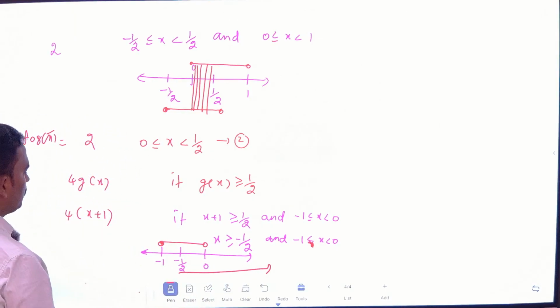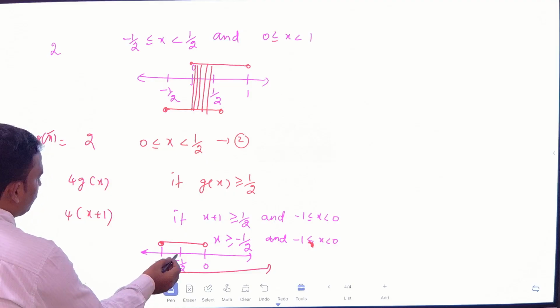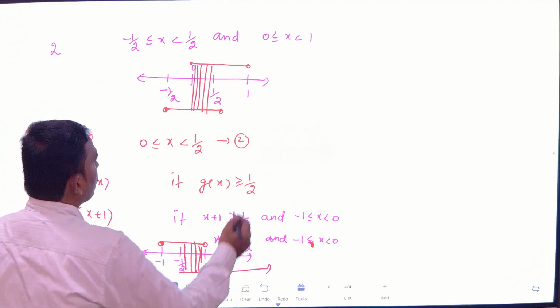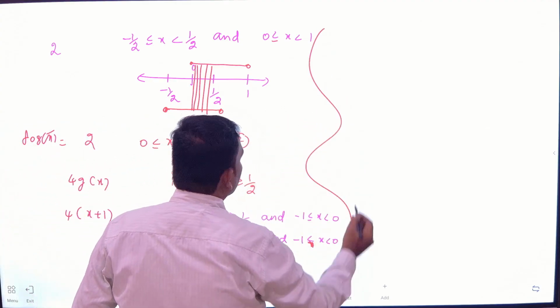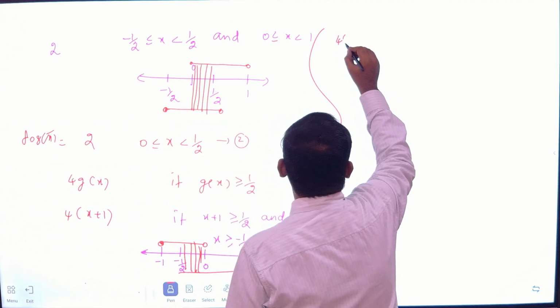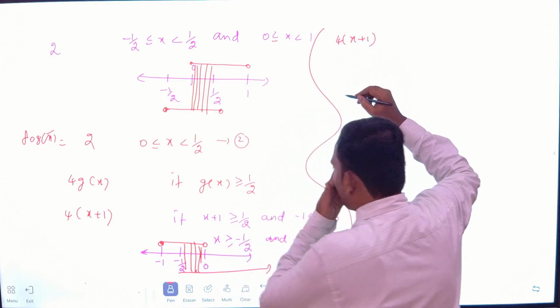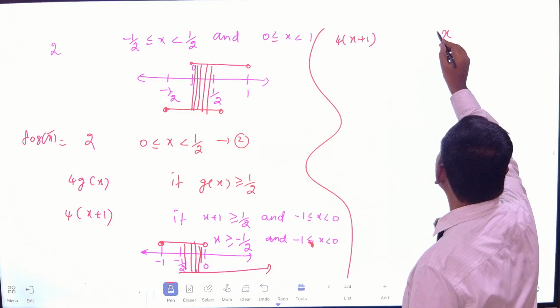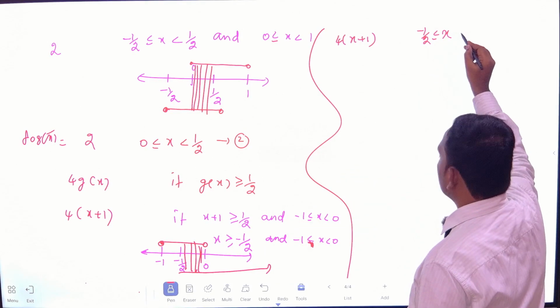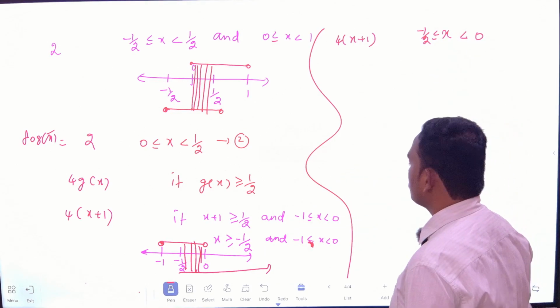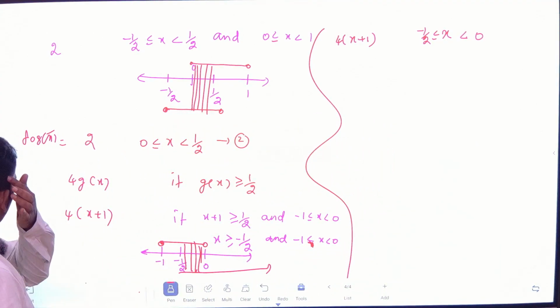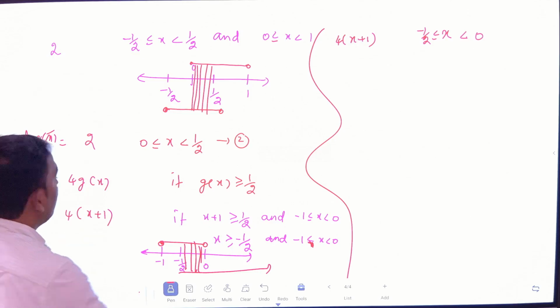So which is common? So x will be minus 1 by 2 to 0. So how to rewrite this? Therefore, 4 into x plus 1, when x is minus 1 by 2 included to less than 0. Clear? Fine.